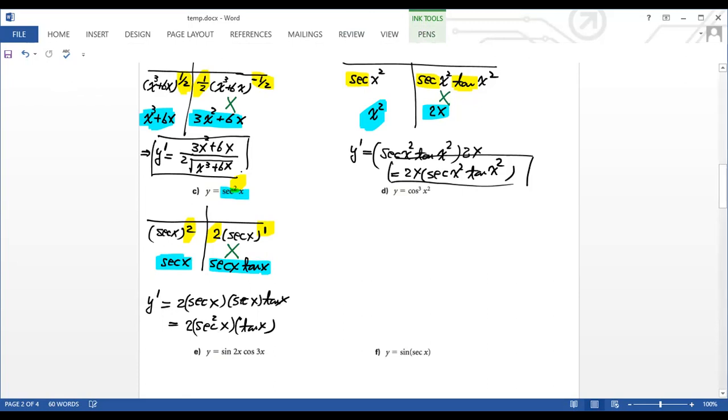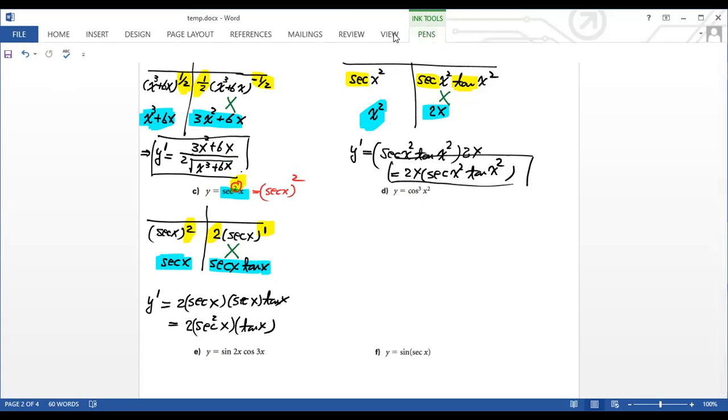All right, so don't forget: if you see the square in here, that means this is secant x squared, like in part B, where we have the square on the x. That means it's the secant function, but of x squared.